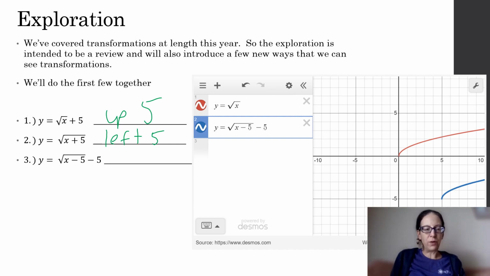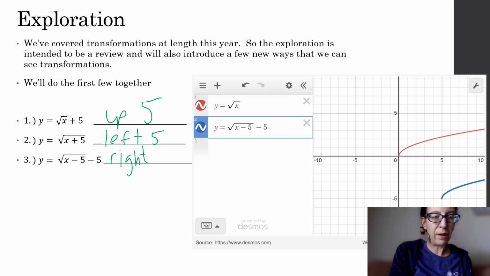And when we take a look at where that puts it, it has gone to the right 1, 2, 3, 4, 5, and also down 5. And so what we're focusing on is that end point. Okay, so right 5, down 5, same shape. Okay, that one goes right 5, down 5. So right 5, comma, down 5.